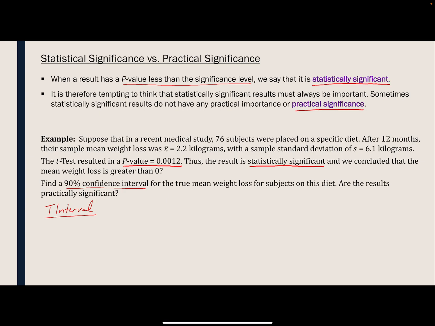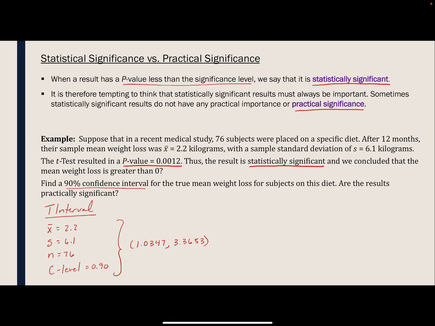So when you go to t-interval, you'll already see that x bar is filled in with 2.2, s is 6.1, and n is 76, and you probably won't have to change the C level because you used 90% last time. Or maybe you will. And you should get an interval of 1.0347 to 3.3653.